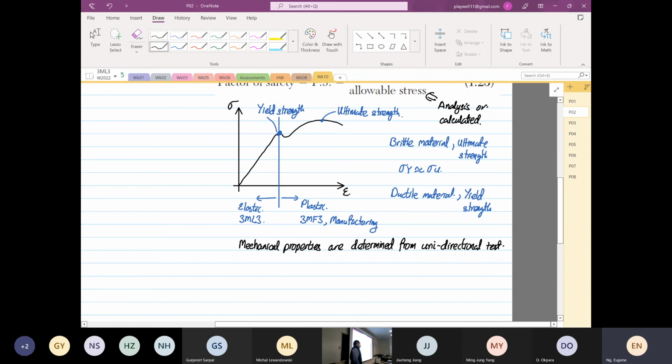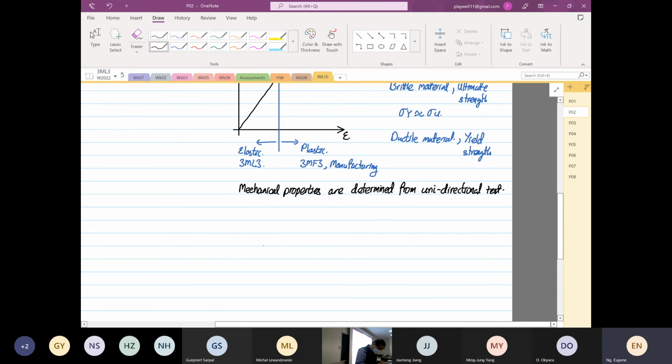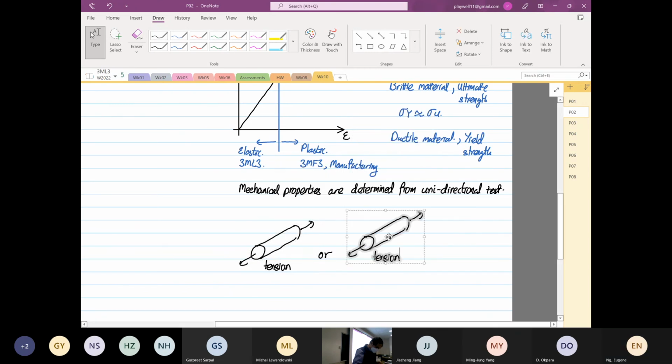So what do I mean by unidirectional? Okay. Unidirectional means all these tests are done like this. It can be done in tension, or it can be done in compression. Let me copy this. Okay.